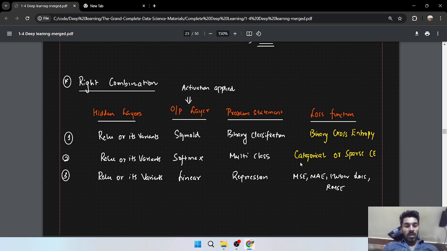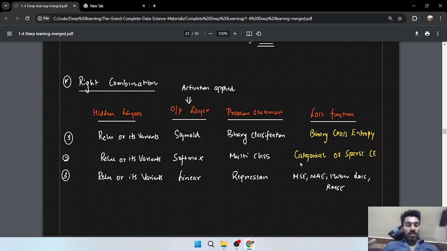If your output vector is like, you have given the number 6 for cat, and for 6 you have created a sparse matrix like 0 0 0 and at the 6th position a 1, then apply categorical cross entropy.